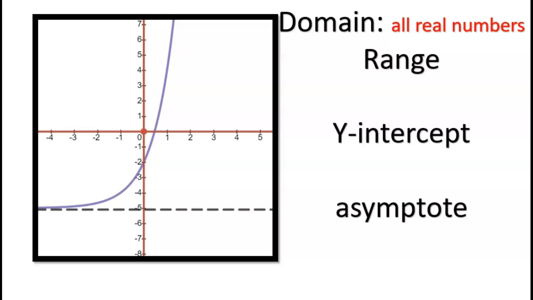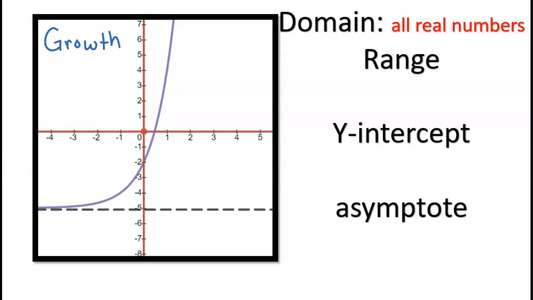Okay, here's our first example in our notes. Now, this is an exponential graph. Do you see the exponential curve? Is this graph a growth or a decay? As I go across the graph from left to right, do you see it going up? So that makes this a growth exponential.